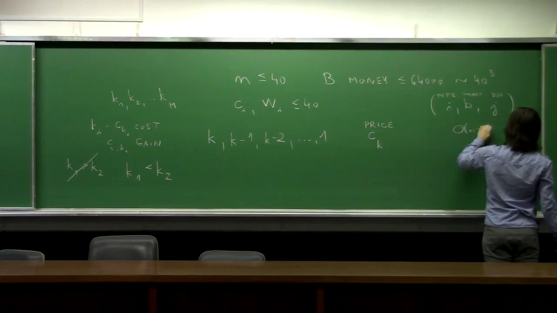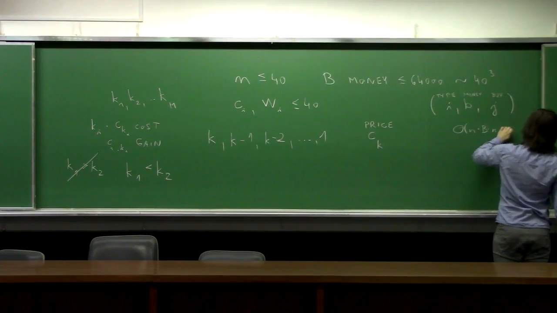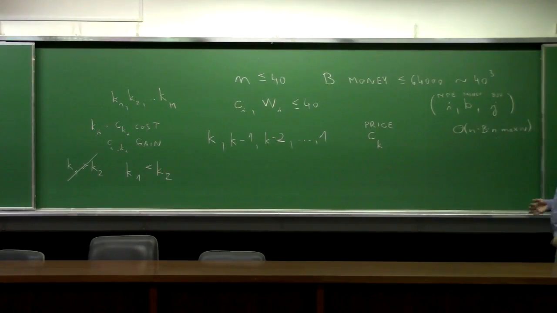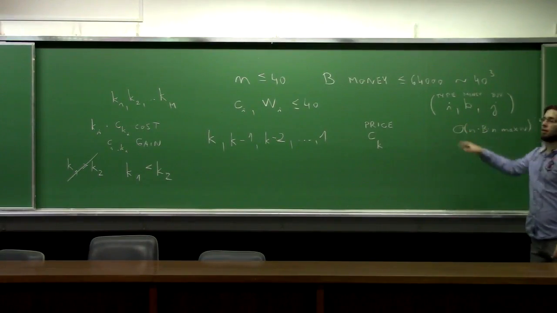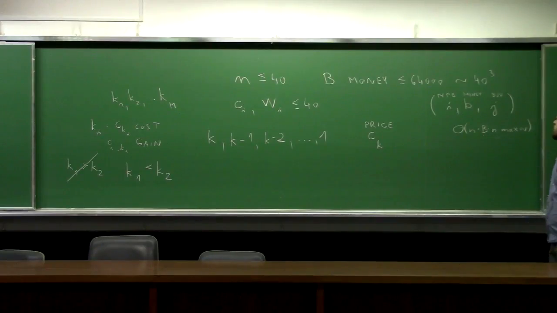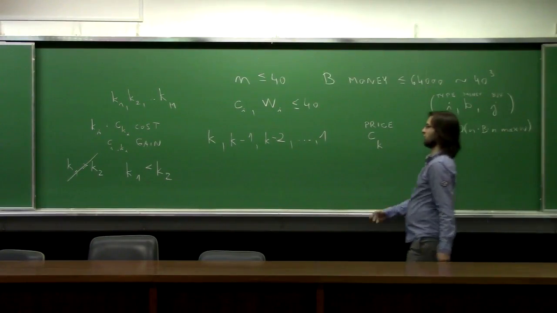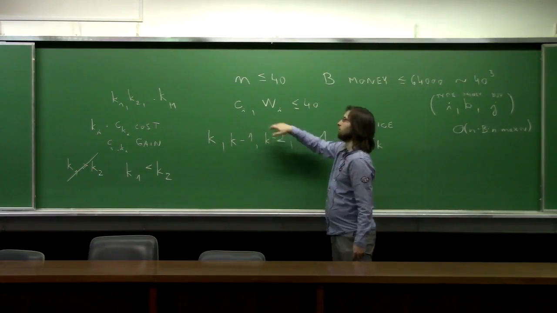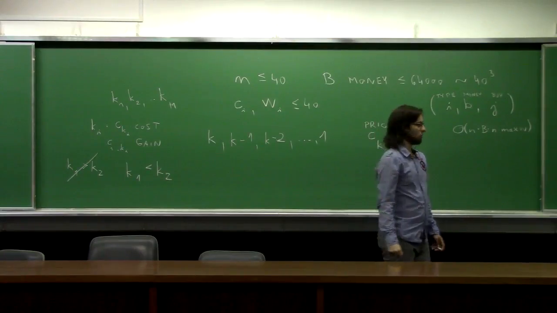So n times B times n times the maximum number of suites of one type, because I is up to n, B is up to uppercase B, and the number of suites we can buy in total is only bounded by this number, because we buy up to max W of each type.